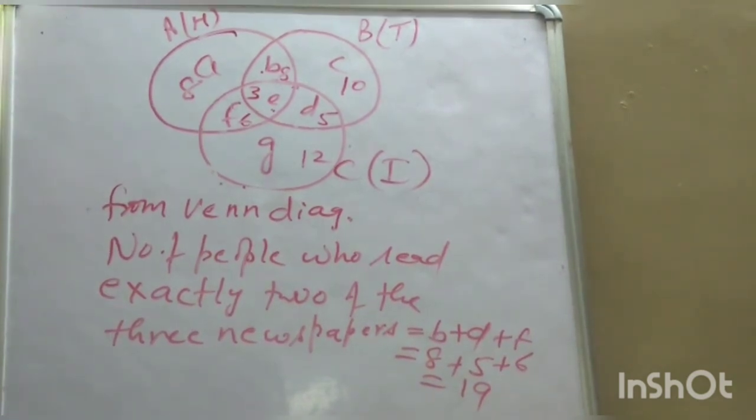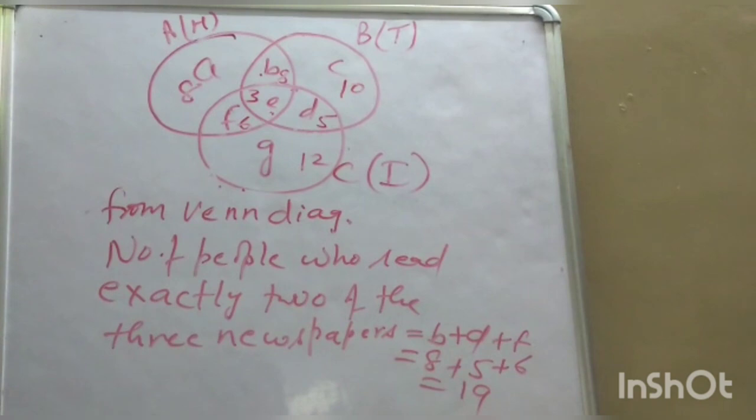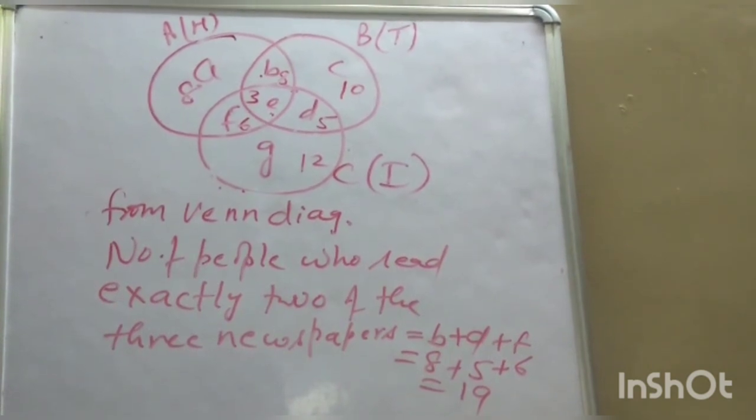So there are 19 people who read exactly 2 newspapers.